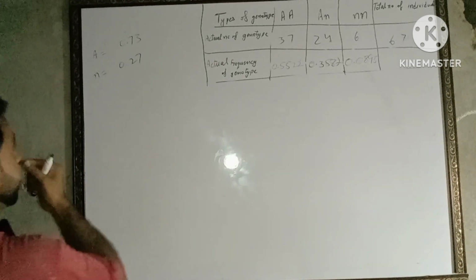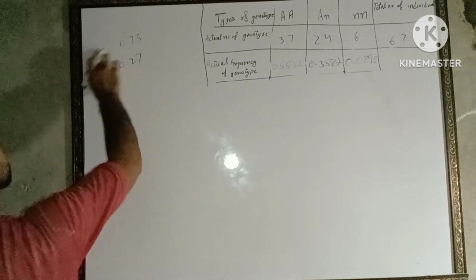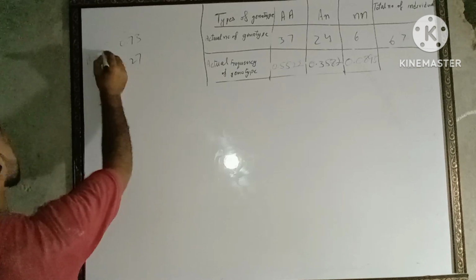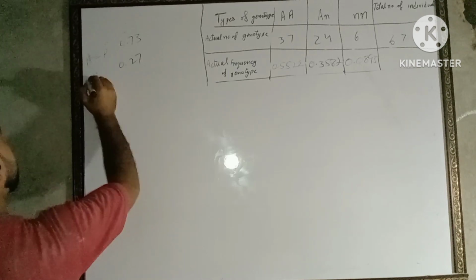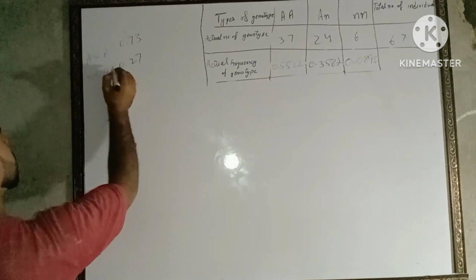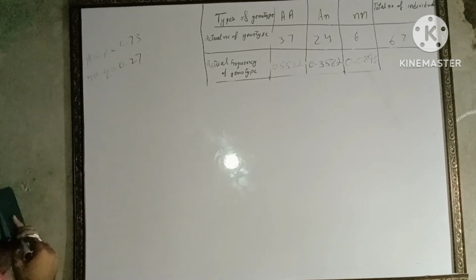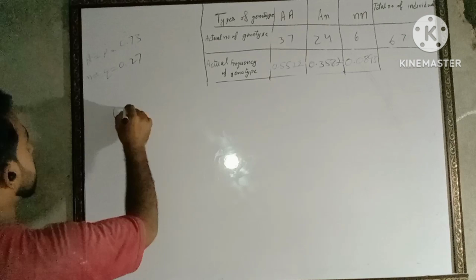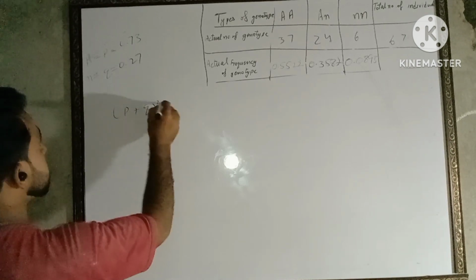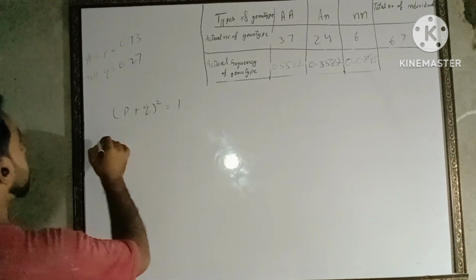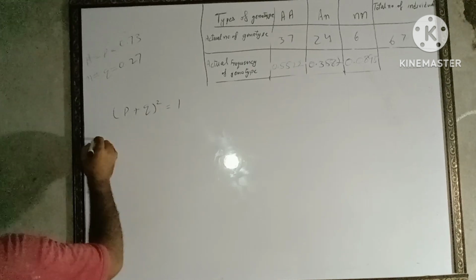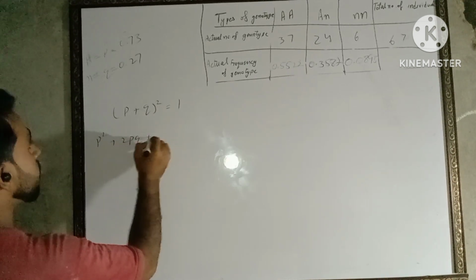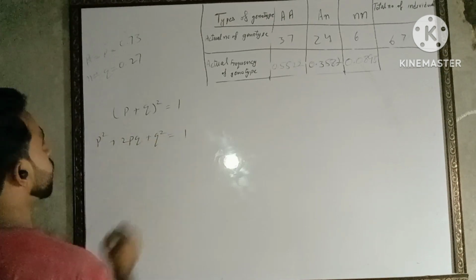According to the Hardy Weinberg equilibrium equation, if A is equal to P and N is equal to Q, then P plus Q is equal to 1, and we expand this formula: P square plus 2PQ plus Q square is equal to 1.